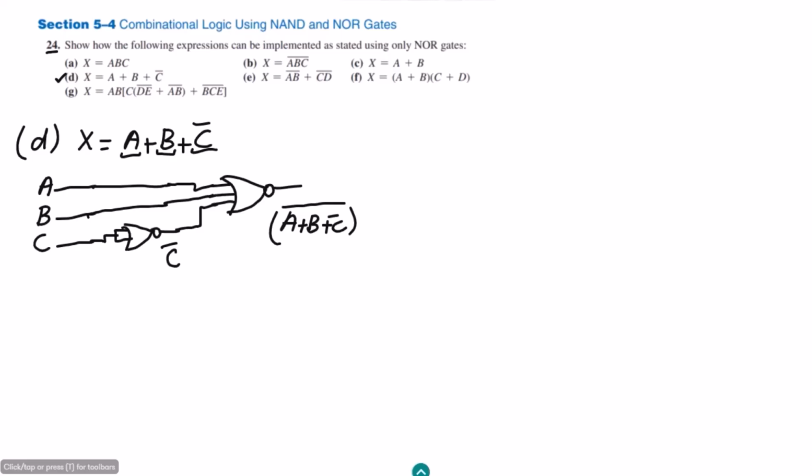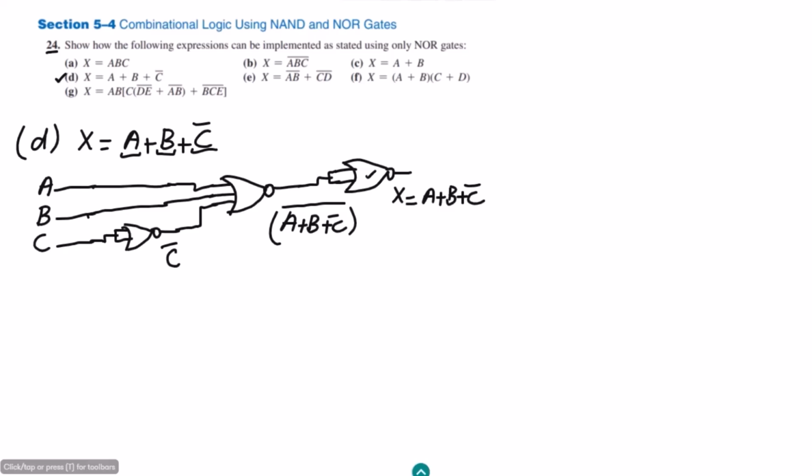In order to remove this complement, this output should be applied to another NOR inverter, the 2 input NOR inverter. At the output of it we would get A plus B plus C complement. The complement applied by this final NOR inverter will cancel out the existing complement.